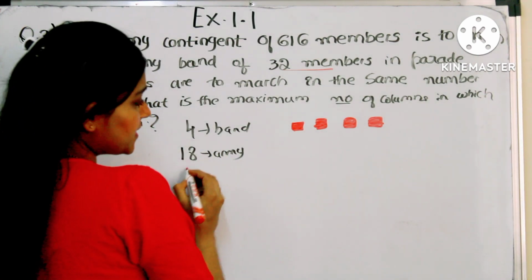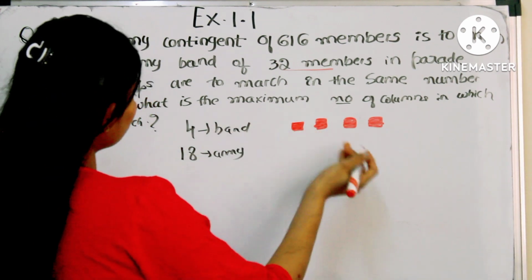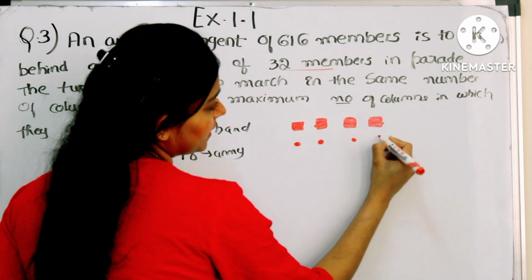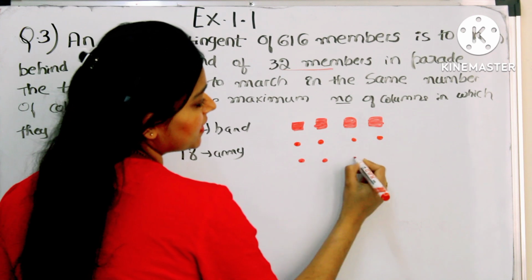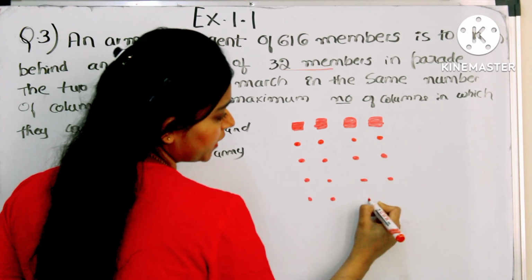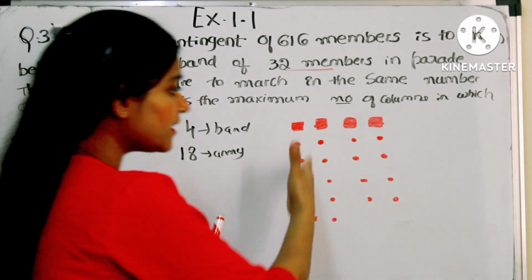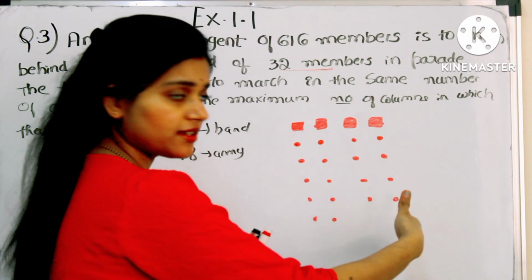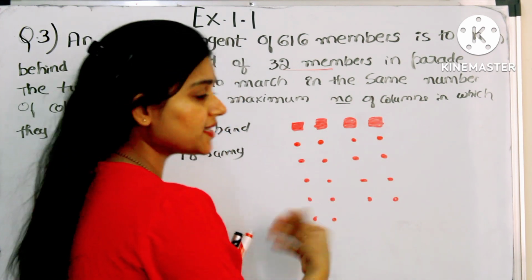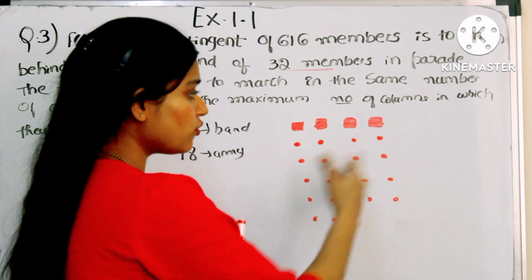Now if you distribute these 18 members behind the 4 band members: 1 2 3 4 5 6 7 8 9 10 11 12 13 14 15 16 17 18. You get 18, but are the columns equal? No. In this one there are 2 members extra, and here there are 2 members less. So these are not equal columns.